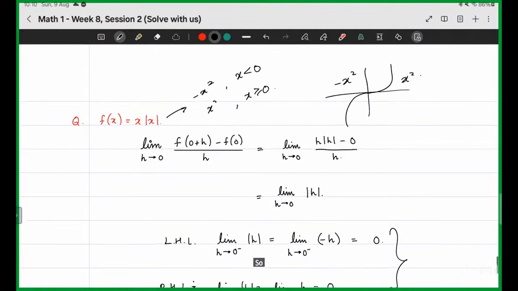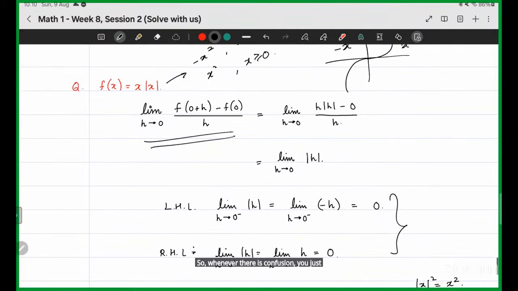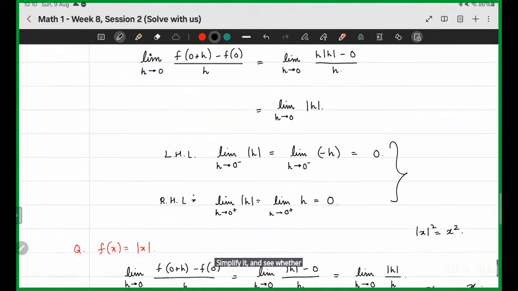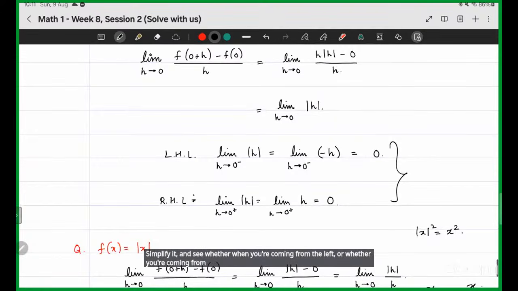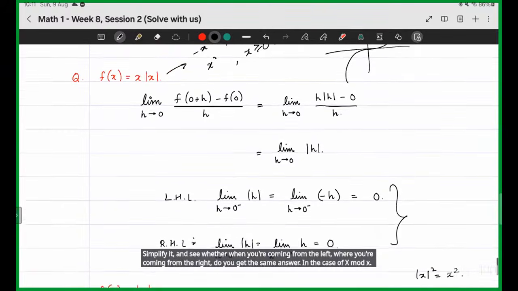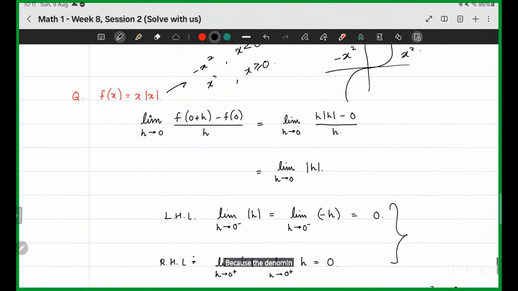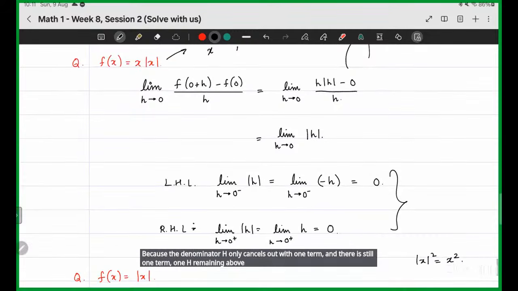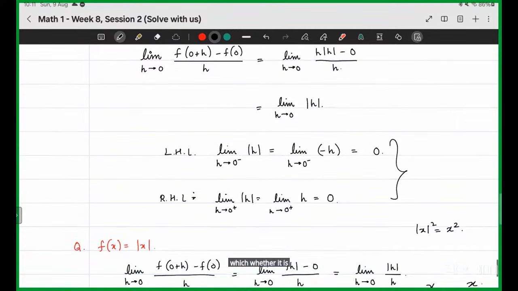So whenever there is confusion, you just go back to this limit, the first principle, simplify it, and see whether, when you're coming from the left or from the right, you get the same answer. In the case of x mod x, you do, because the denominator h only cancels out with one term and there is still one h remaining above, which whether it is plus or minus, will go to 0.